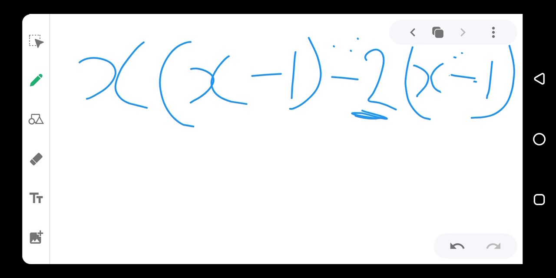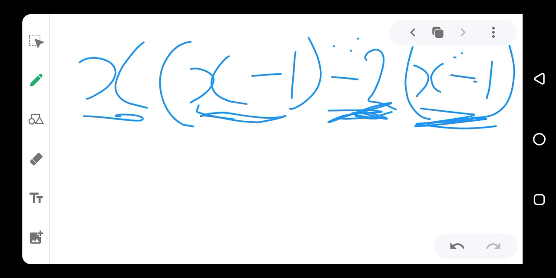Now if you look at this, what is here in this bracket is what is here in the second bracket. Now if that is the case, we take only one of the brackets. Then the ones that are outside the bracket, that is this one and this one, we put them together.